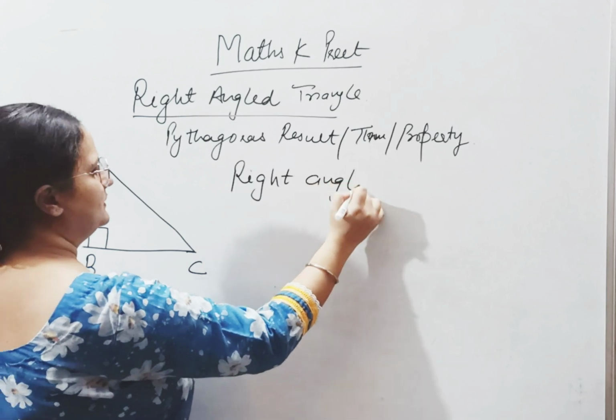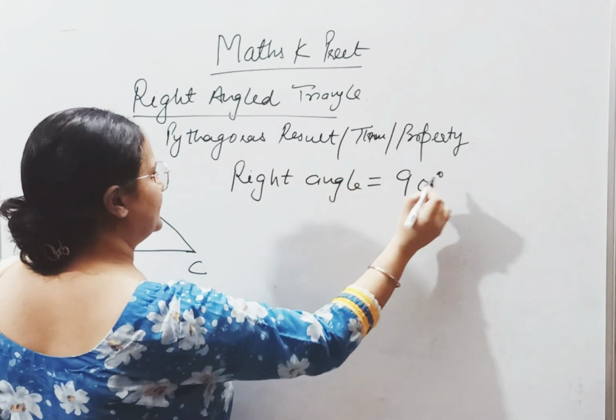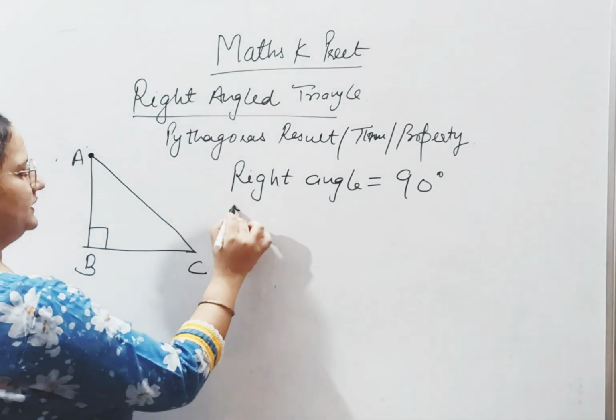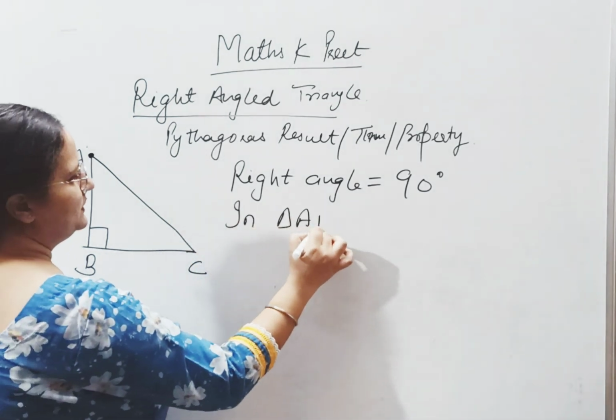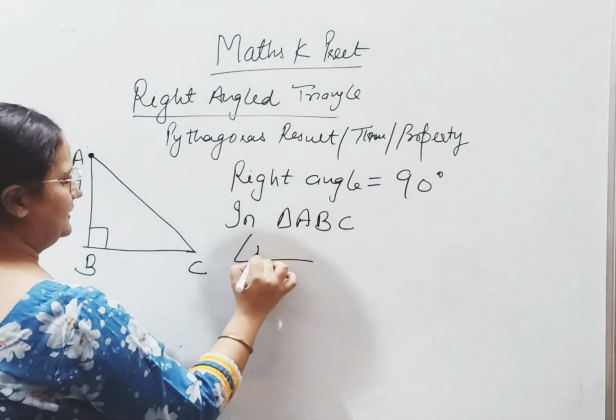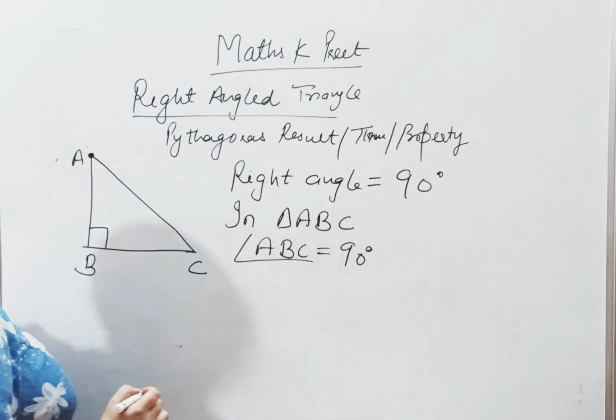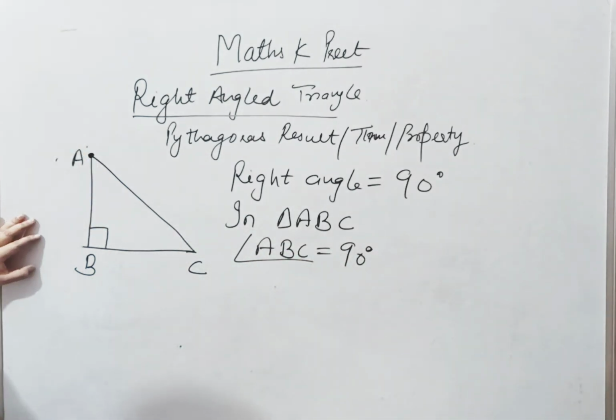Right angle is equal to 90 degrees. The right angle is here at point B. So here in triangle ABC, angle ABC is 90 degree. This means this triangle is a right angle triangle.